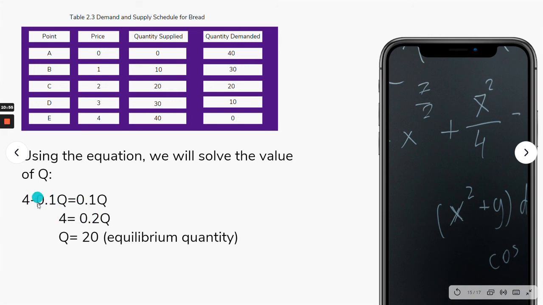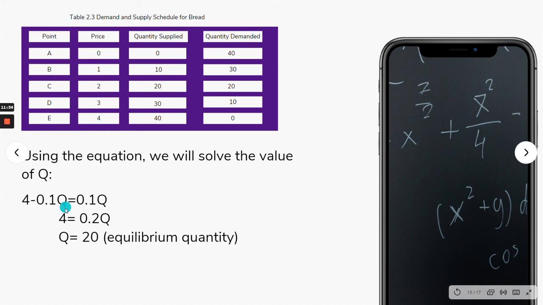If you transfer a negative sign to the other side, it will become a positive sign, di ba, in your mathematics. So 0.1 plus 0.1 is 0.2 Q. Therefore, to get the value of Q, we remove the Q here. That's 4 divided by 0.2, which is 20. So our equilibrium quantity is 20.